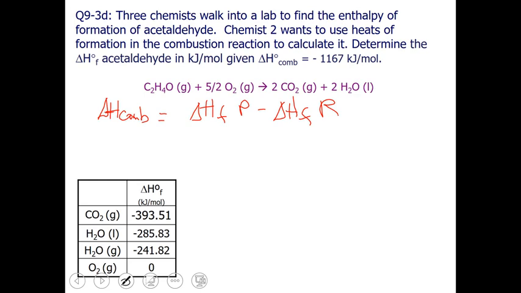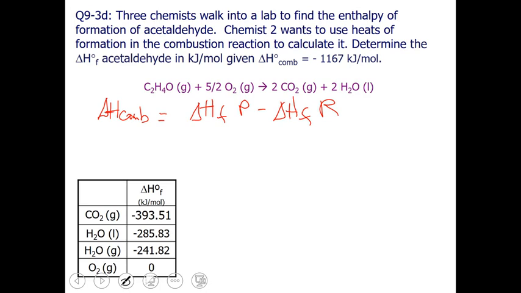So I hope you realize that we've been given the enthalpy of combustion, and that will be equal to the heat of formation of products minus the heat of formation of reactants for the combustion reaction.